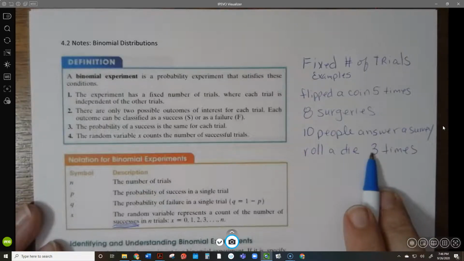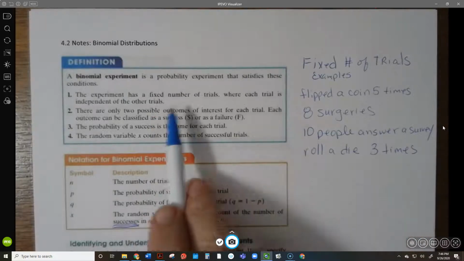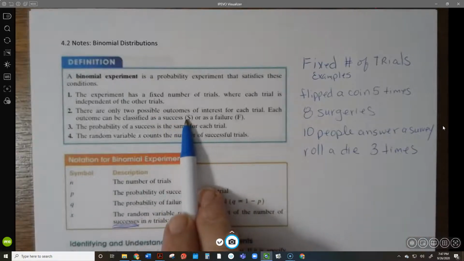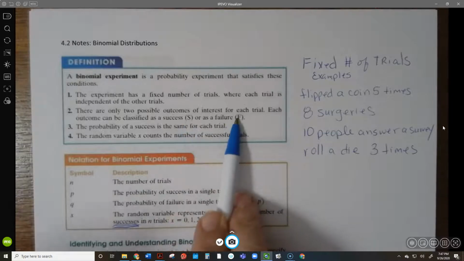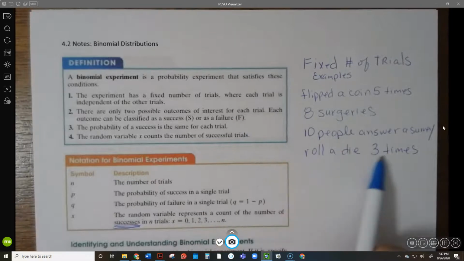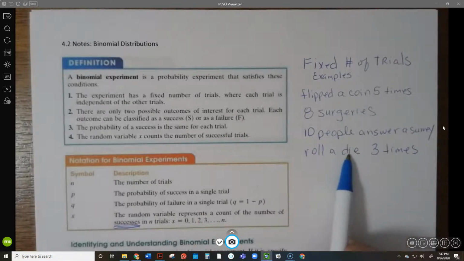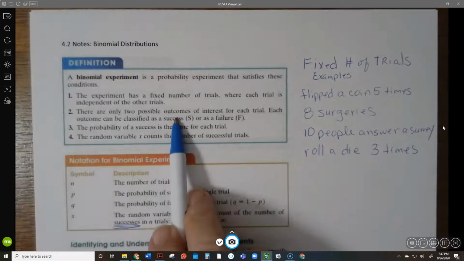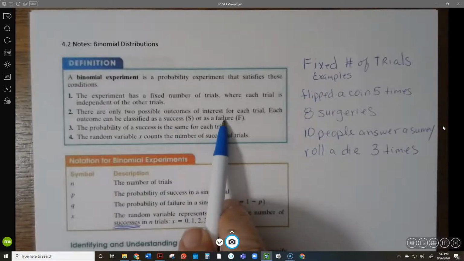And let's say your event is defined to be landing on a 2. So there are only 2 outcomes: it either lands on a 2 or it doesn't. Even though more than 2 outcomes are possible when you roll a die, once you define what success is, then it's either success or failure.